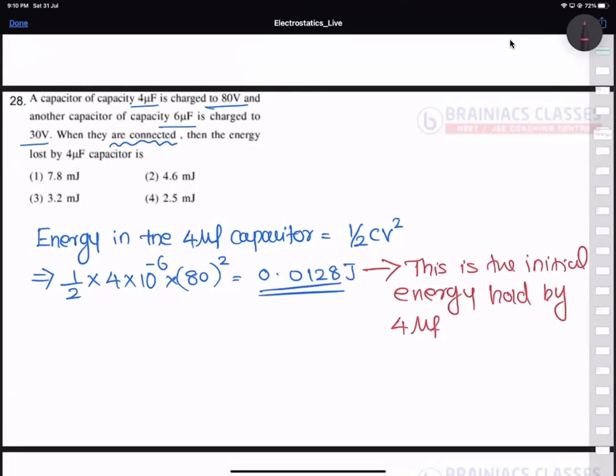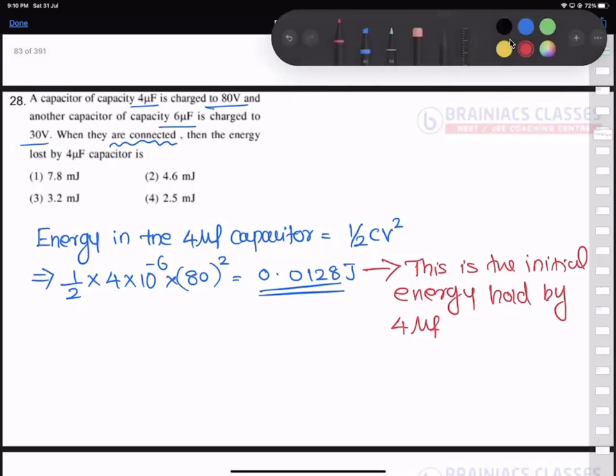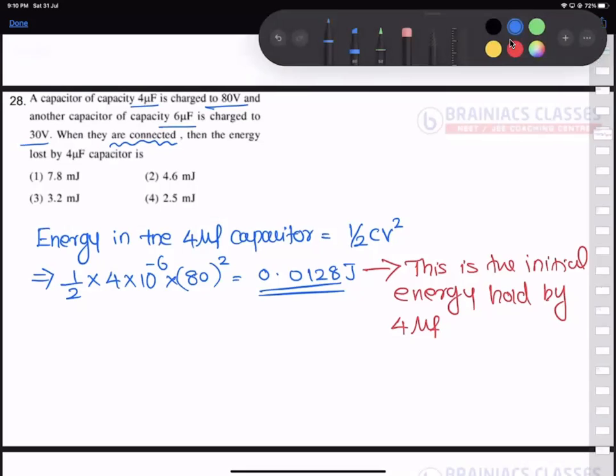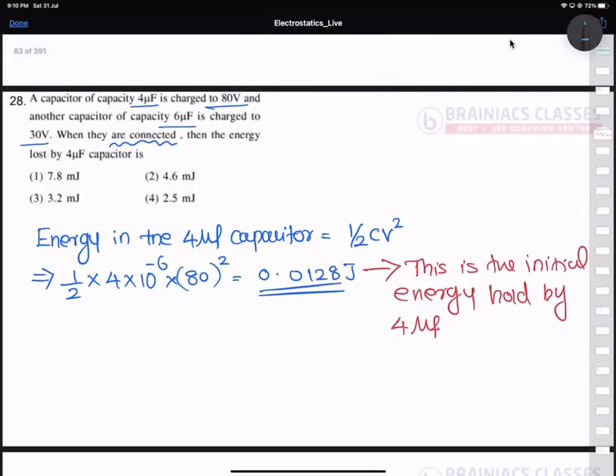This is the initial energy which is available on the capacitor. Now this capacitor is connected with which capacitor? It is connected with the 6 microfarad capacitor.